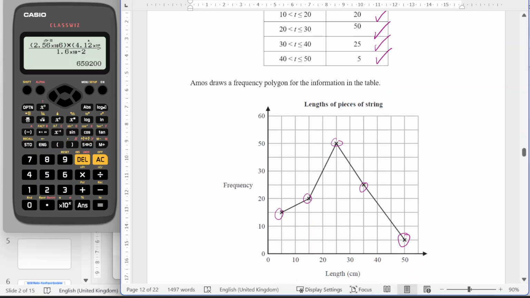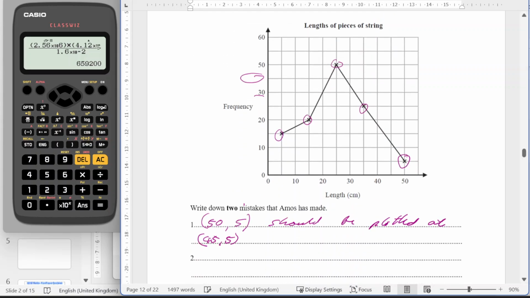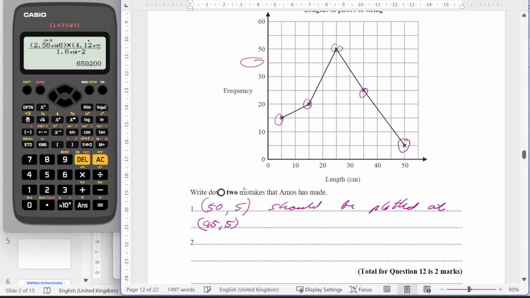Right, so what else could it be? Labelling the axes, 10, 20, 30, 40, 50, 10, 20, 30, there we go. So 40 is missing from the frequency.